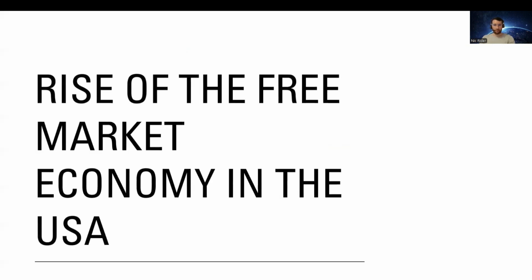All right. So what I want to talk about now is, after this Nixon shock in 1971, taking America off the gold standard, we also saw, and this is the second part of this, a rise of the free market economy in the USA.